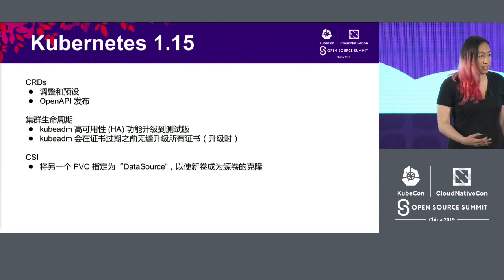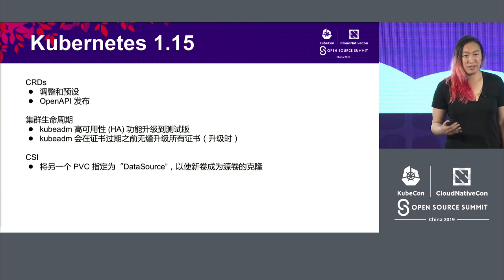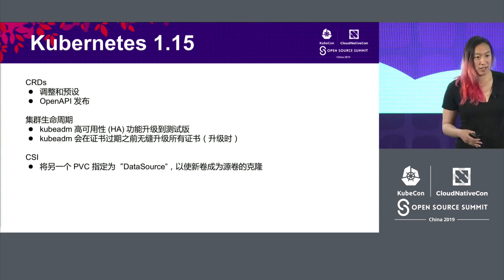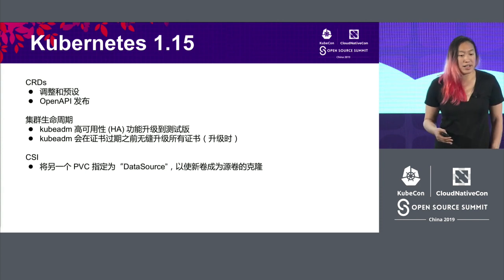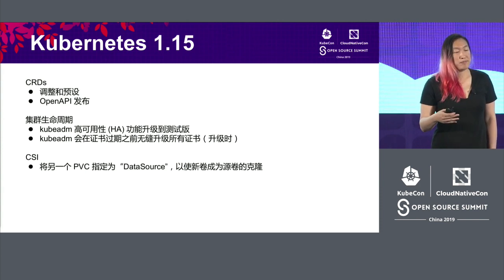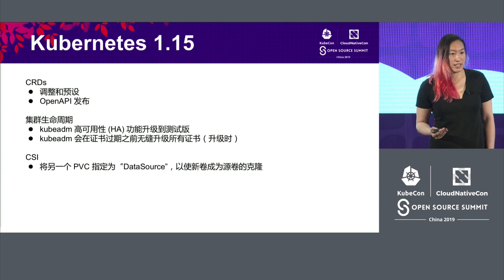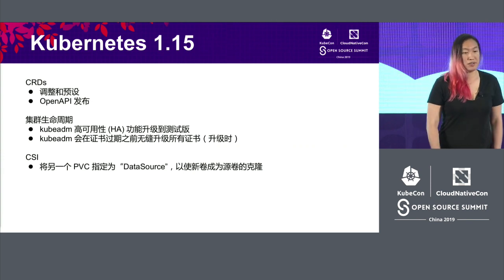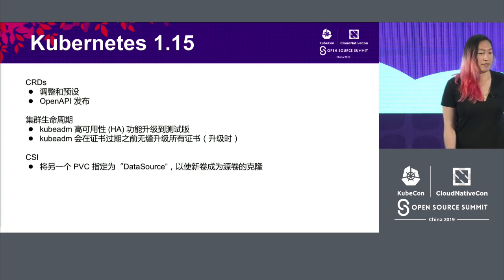In the cluster lifecycle department, there's very exciting development coming from kubeadm. So now you can have high availability cluster provisioning moving to beta. So out of the box, you can provision highly available clusters with kubeadm.